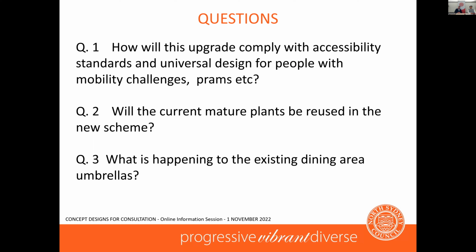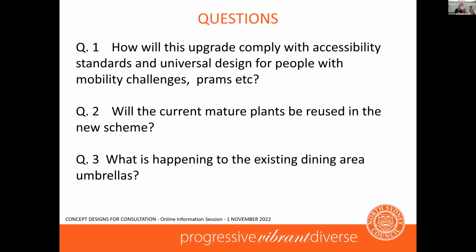If the community goes for the formal look and a more formal planting scheme, then of course the current plants are very appropriate and can be reused. They would be reused anyway. If we were going to do the informal scheme, we'd find somewhere else in the LGA to use them, so they would never go to waste.